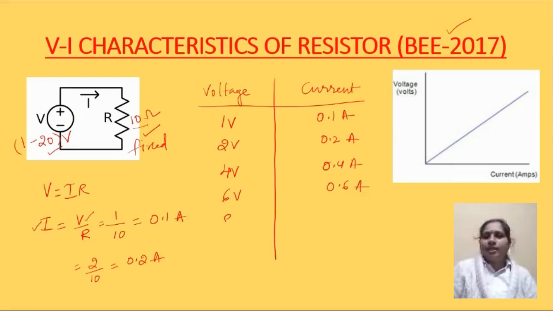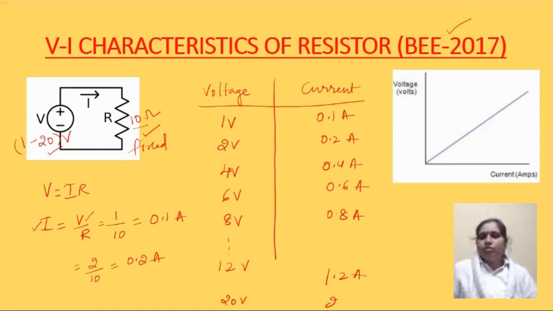If I take 8 volts, it is 0.8. Similarly, if I take 12 volts, it will be 1.2 amperes. If I take 20 volts, it will be 2.0 amperes.